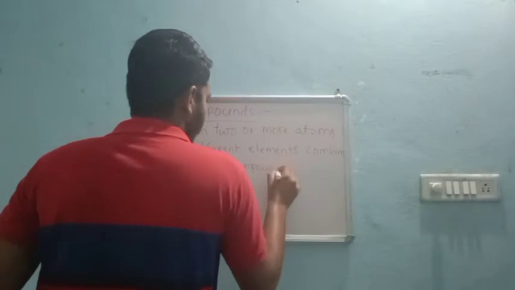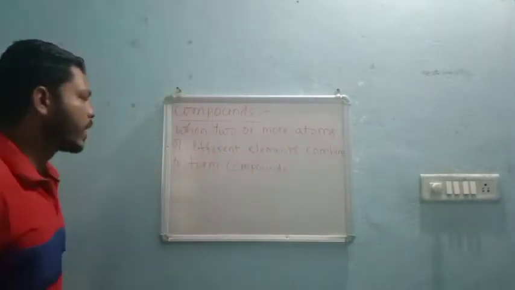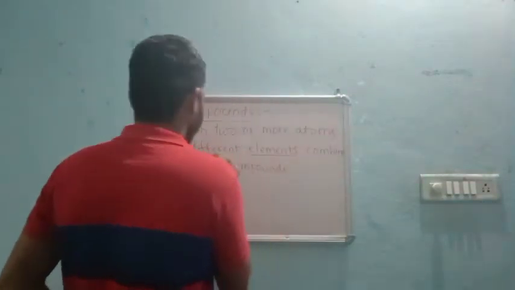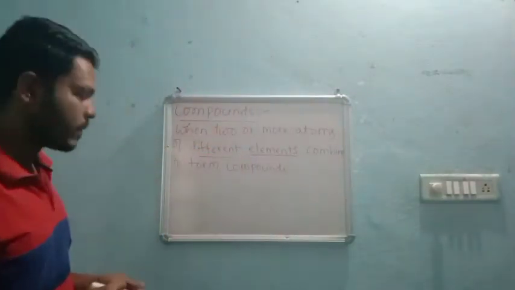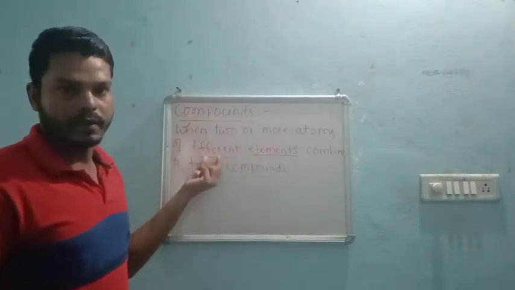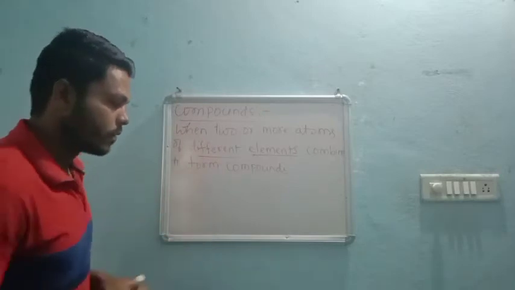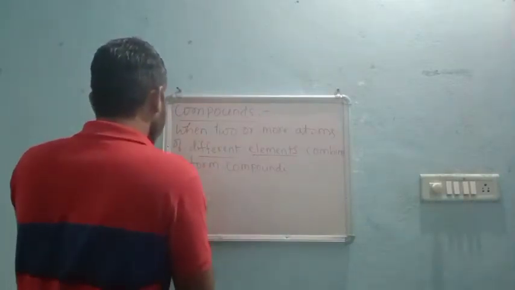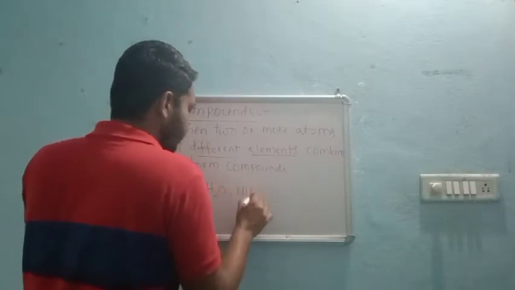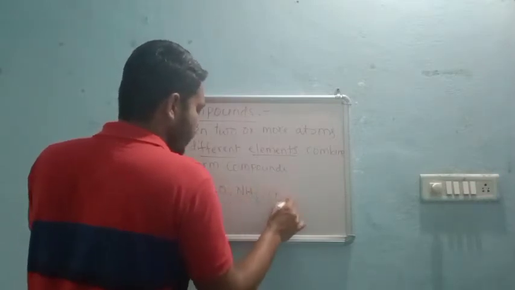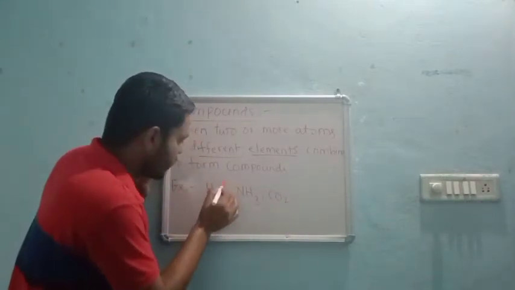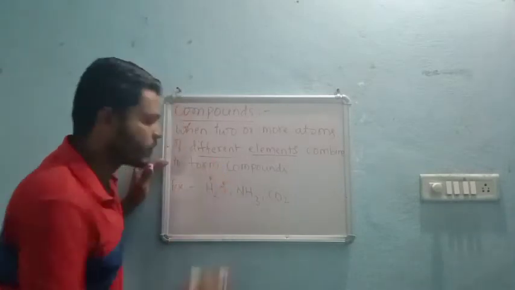So here what we require is two or more atoms of different elements. Very important. See the meaning of this definition. That means the elements must be different, right? Examples are water molecule, ammonia, carbon dioxide. See here, atoms of two different elements. This is one element and H is another element.